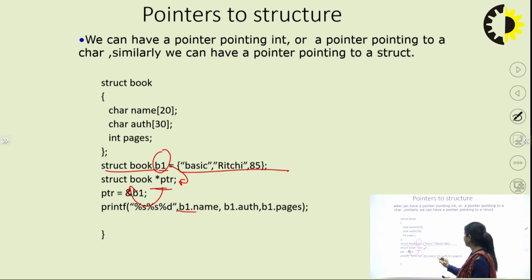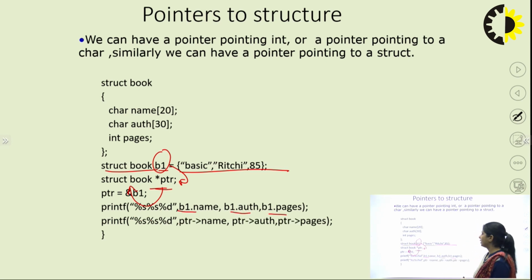So b1 dot name, b1 dot author, b1 dot pages, that is what? A structure variable dot name, structure variable dot author name, structure variable dot pages. And when I am using a pointer variable, then we have to use the arrow operator instead of the dot operator, okay?